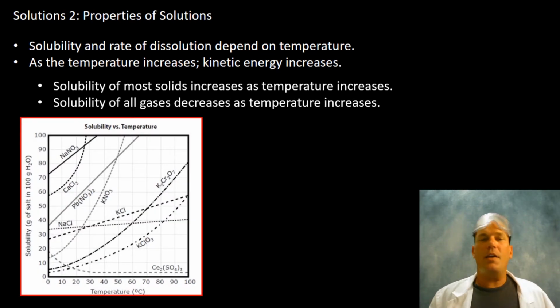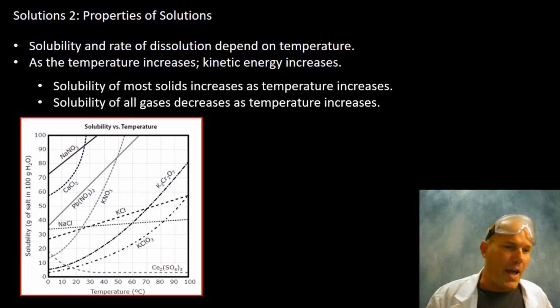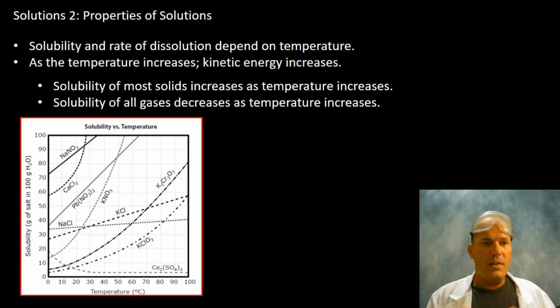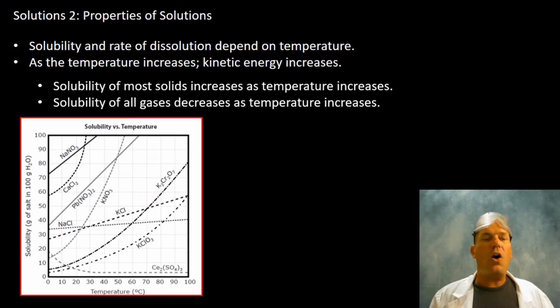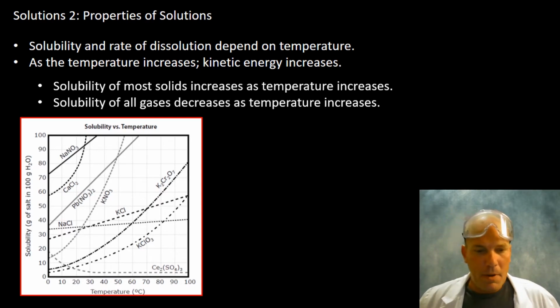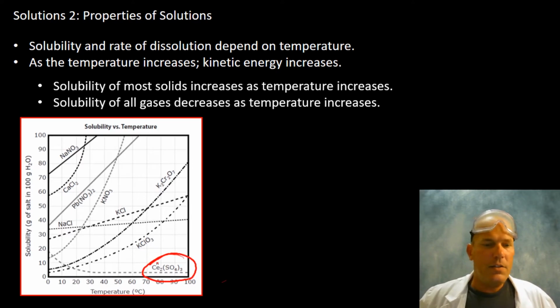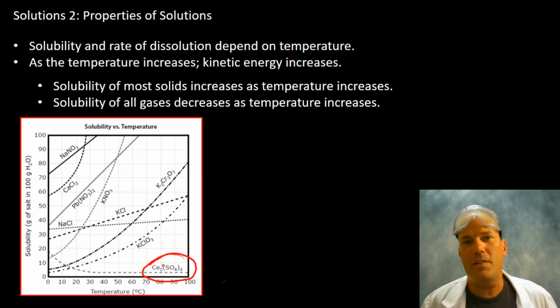Take a look at this. Here is a solubility versus temperature graph. This is for the solids, and you can see nearly all of them are going up. But what about here? What's happening over here? If you look here, this one's not following the pattern, okay? And so the solubility is actually decreasing as temperature increases.